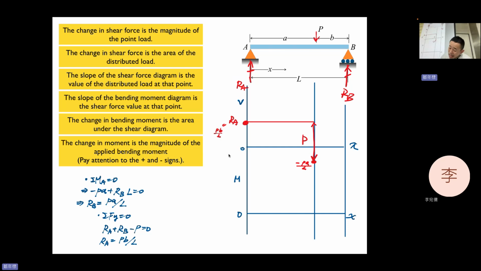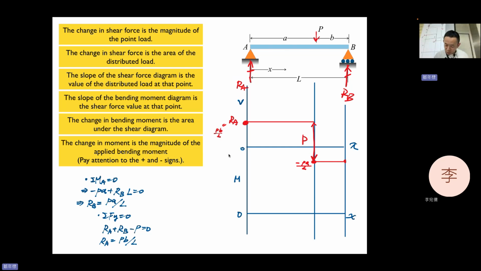And then nothing changes in between because there's no distributed load and no point load. Okay, so here is the result. Done. Next one.